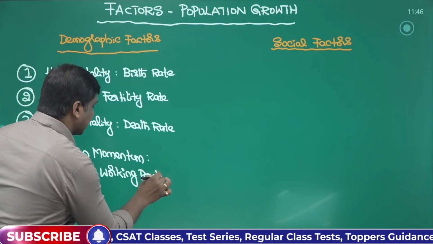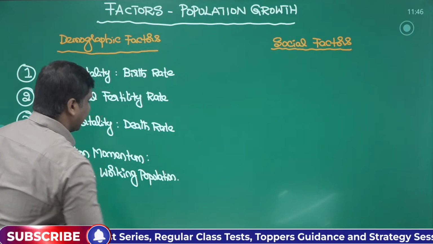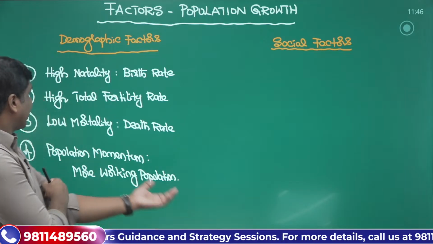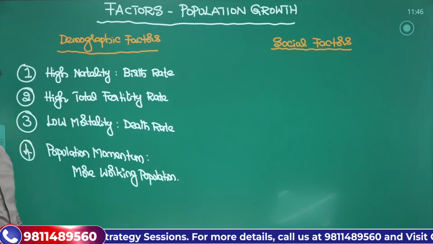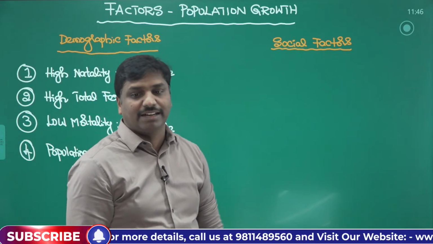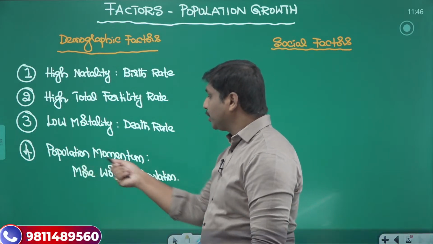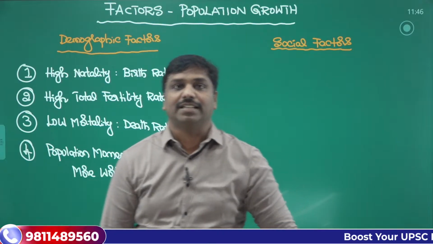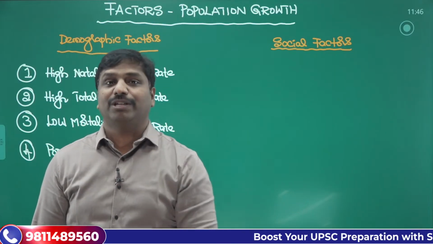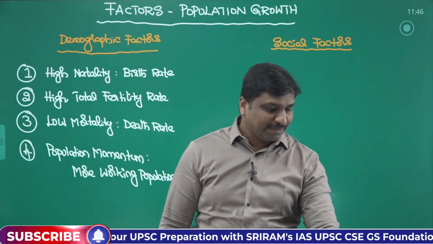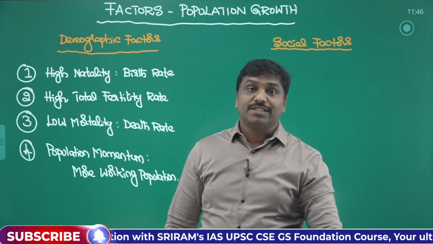Working population means, from economic growth point of view, but from the age structure point of view, there we can see the demographic dividend that we were talking about. So here we can use the word population momentum instead of demographic dividend. If it were economic growth, we could have used the word demographic dividend. Right? So that is one important aspect.